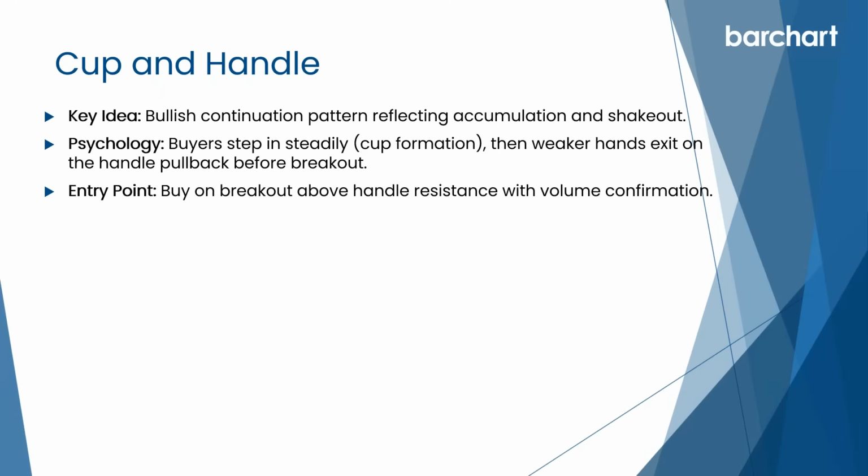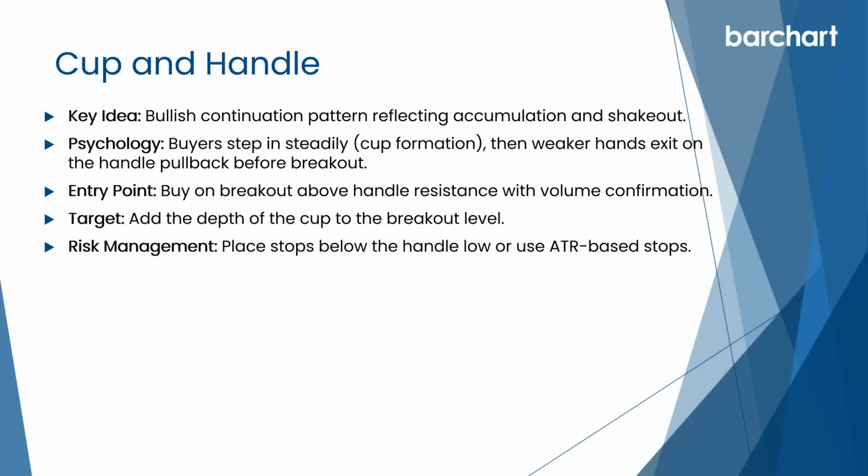Now, when we talk about entry points, we're going to buy on the breakout above the handle resistance with a volume confirmation. Now, when I get to the pro tips, we can talk about adding other confirmations. One that I would do right off the bat is I would wait for a breakout close above our level of resistance. So our target would be the depth of the cup added to the breakout level.